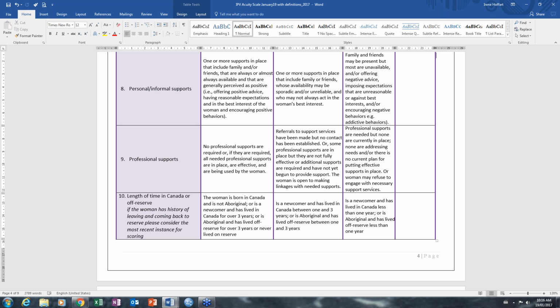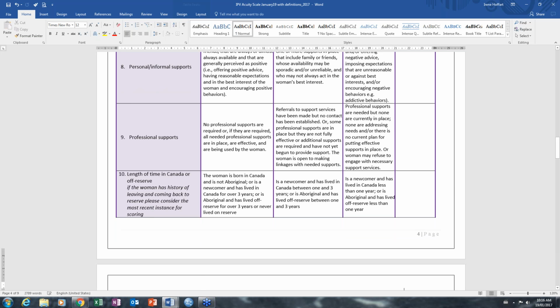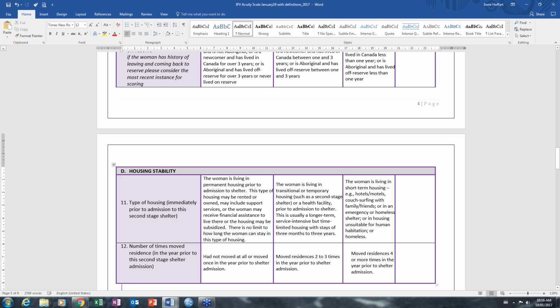But what you're saying, Debbie, is that on the number 10, she would score a 0. Which is okay. She's going to score a 5 on the supports. And then you were talking about 11 and 12? Yes, just that because it's where she was immediately prior to the admission and how many times she had moved in the previous year. So I can see she'd get high scores there.